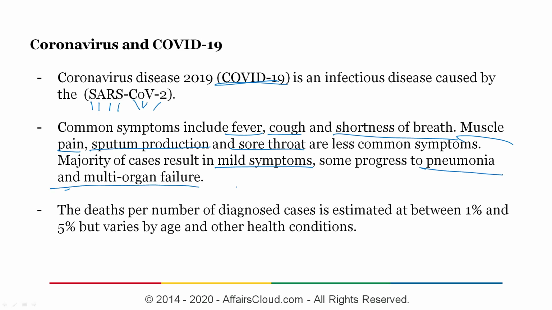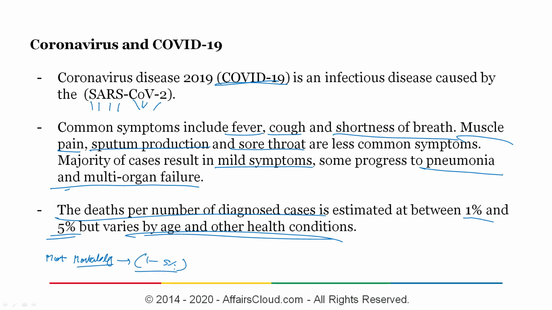Now, coming to the mortality rate of the disease, mortality rate stands for the deaths per number of diagnosed cases, and it is now estimated to be between 1 to 5% for the COVID-19 disease, and this varies by age and other health conditions. So the mortality rate stands at 1 to 5%, which means that out of 100 diagnosed cases, or 100 people that have been diagnosed as infected with the virus, anywhere from 1 to 5% will see fatality.